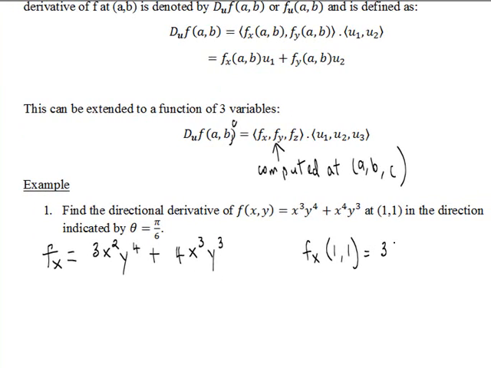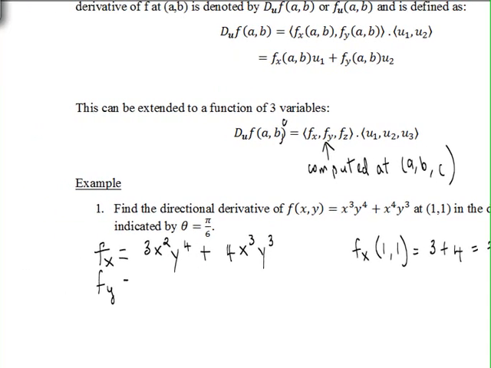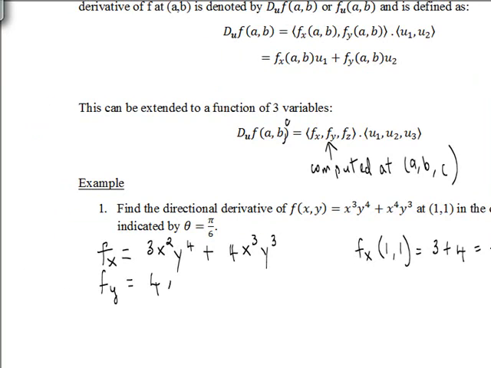So that would be 3 plus 4, which is 7. Partial with respect to y now is 4x cubed y cubed plus 3x to the 4th y squared. At (1, 1), that partial is again 7.